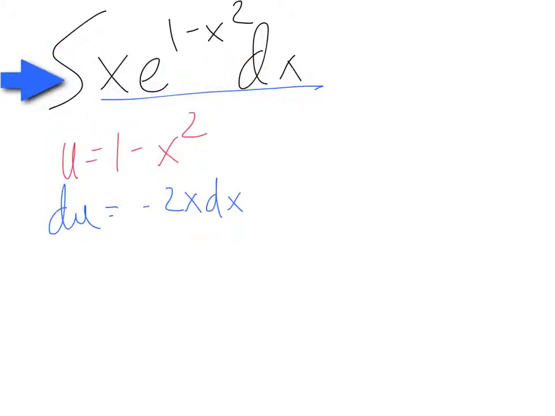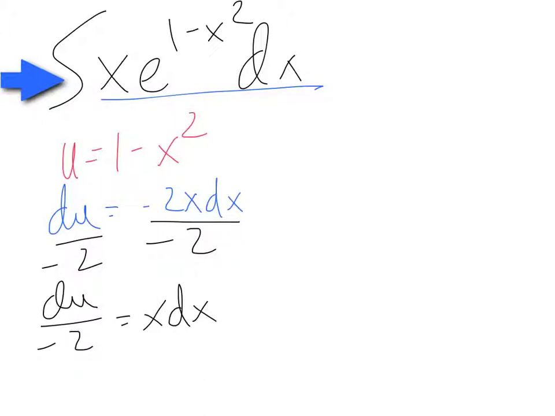From both of those, what I can do is take this equation for the du and divide it by negative 2, so that I would get du over negative 2 equals x dx. This allows us to now substitute that in the equation, so that now the equation would be the integral of e to the u, because our u was 1 minus x squared, and then we would have du divided by negative 2.